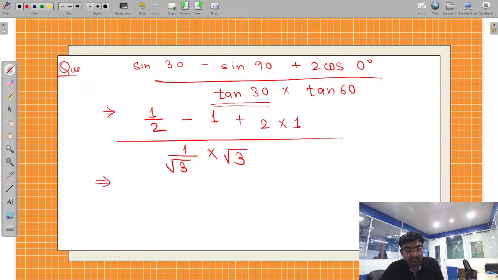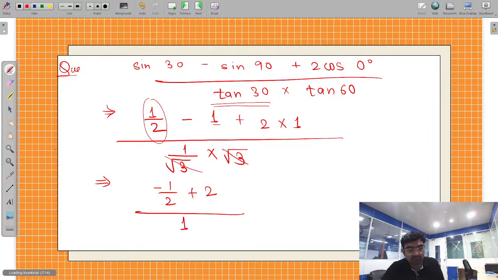Got it. Then the next step, just do the basic calculations, right? 1 by 2 minus 1 will give you minus 1 by 2 plus 2 upon root 3, which will get cancelled and in the denominator there will be 1, correct?